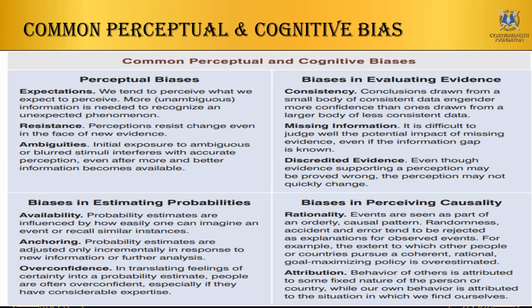But if there is missing information, it is difficult to judge the potential impact of missing evidence well, even if the information gap is known. And the third one is the biases in estimating probabilities. Now, when the code is written, it has what-if conditions.